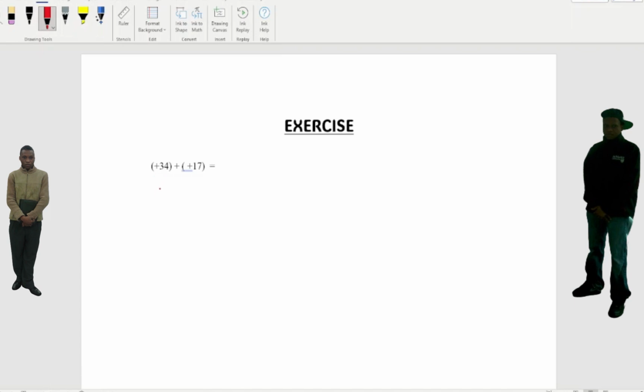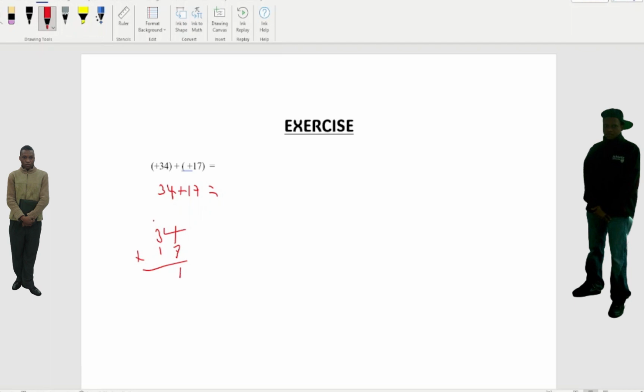It's the same thing when we do 34 plus 17 equals what? 7 plus 4 equals 11.